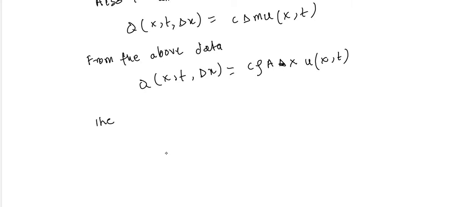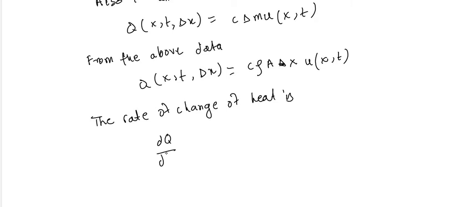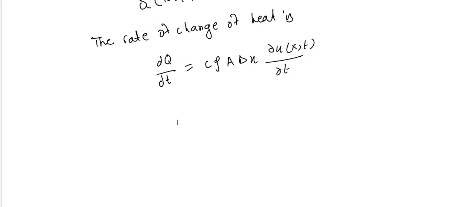Okay, this must be capital. The rate of change of heat is always change with respect to time equals C rho A, change in length, and again a derivative in which u is dependent on x and t, and the derivative of u with respect to time. So this is another principle which we are considering here.